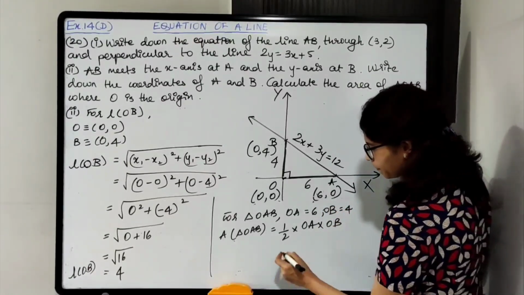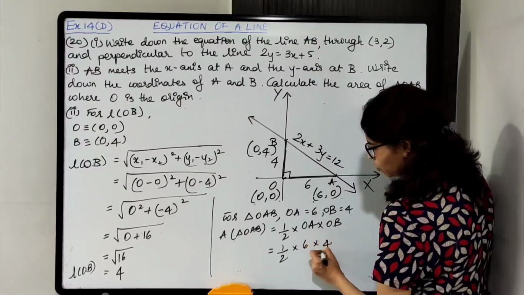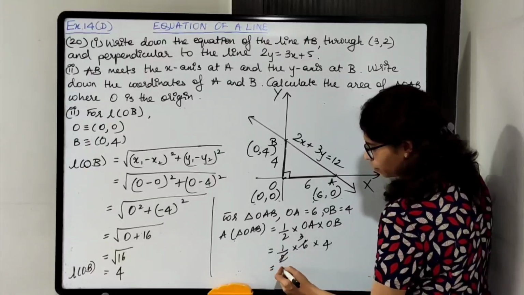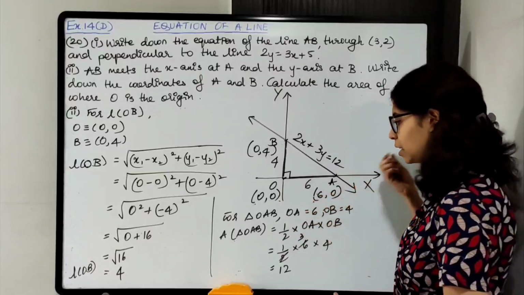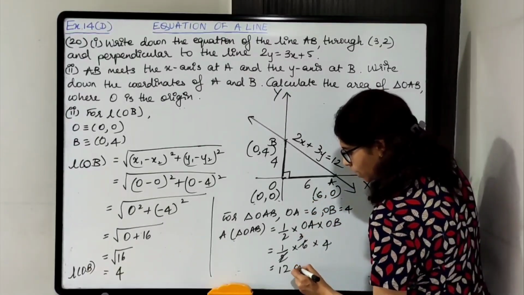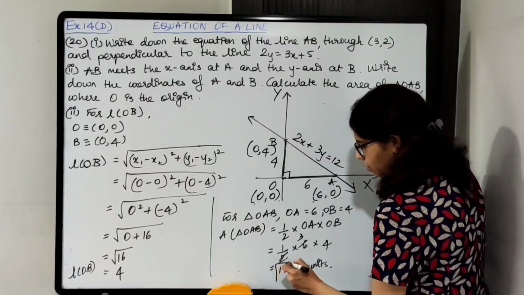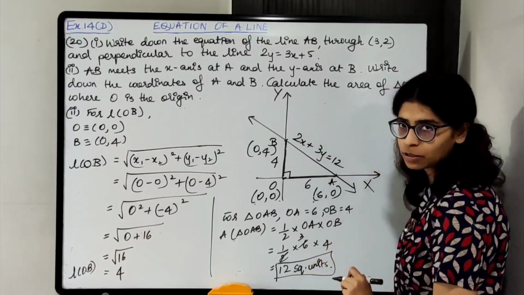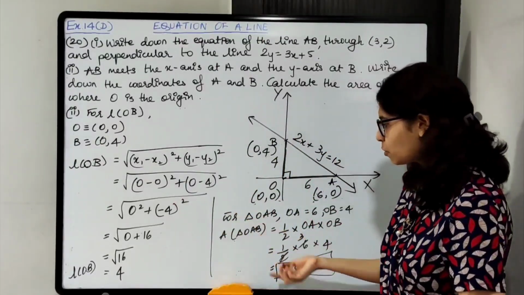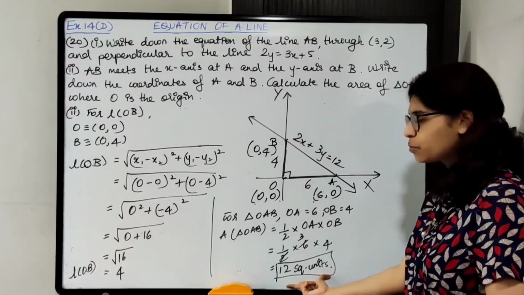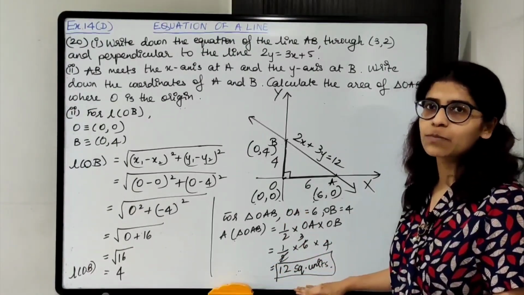Okay, so half into 6 into 4, 2 3s are 6, so 3 4s are 12. Now over here we don't know whether it is centimeter, meter, we don't know the units, so write down square units. Okay, and box it. You have to write down square units. Area है तो square होगा, volume होता है तो cube होता है. Okay, so write down area of triangle OAB is equal to 12 square units. Box कर दो. Okay. Whatever values you are getting, please box it. All right.